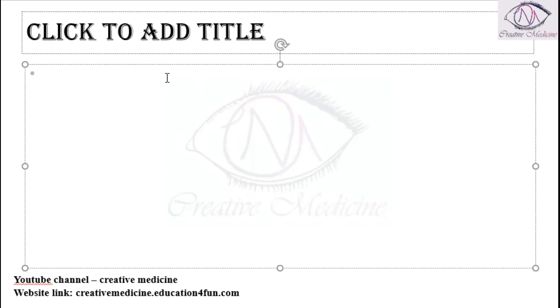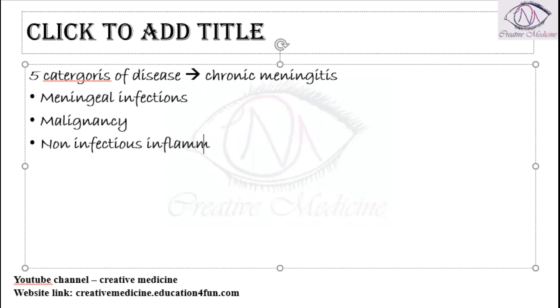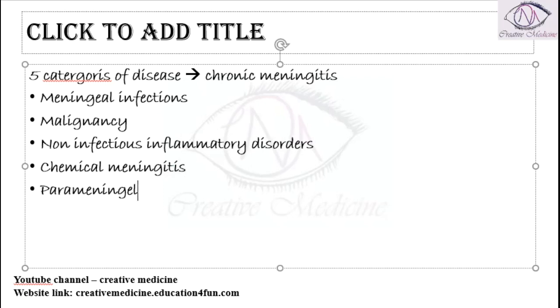In chronic meningitis there are 5 categories of diseases which can result in chronic meningitis: meningeal infections or malignancy, non-infectious inflammatory disorders, chemical meningitis, and parameningeal infections.